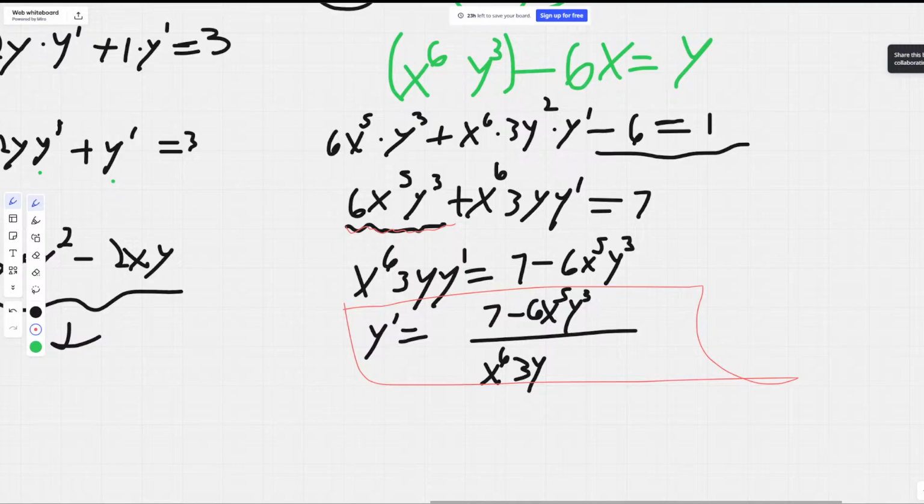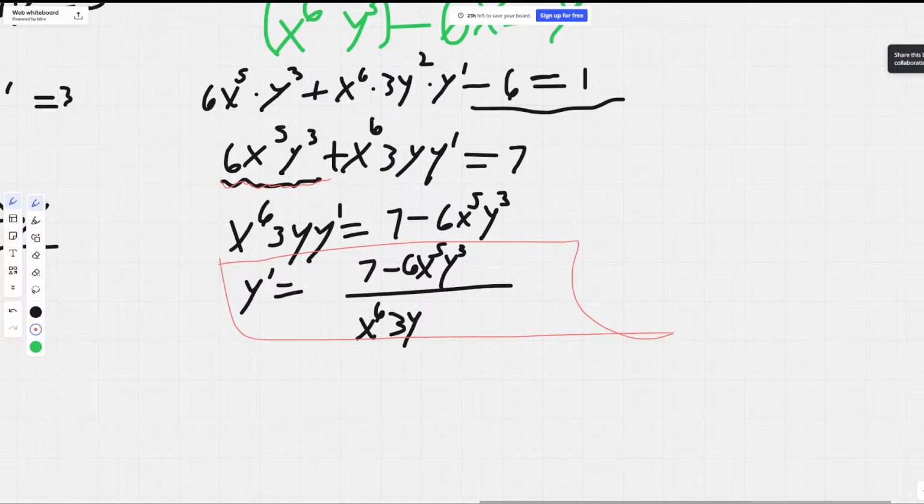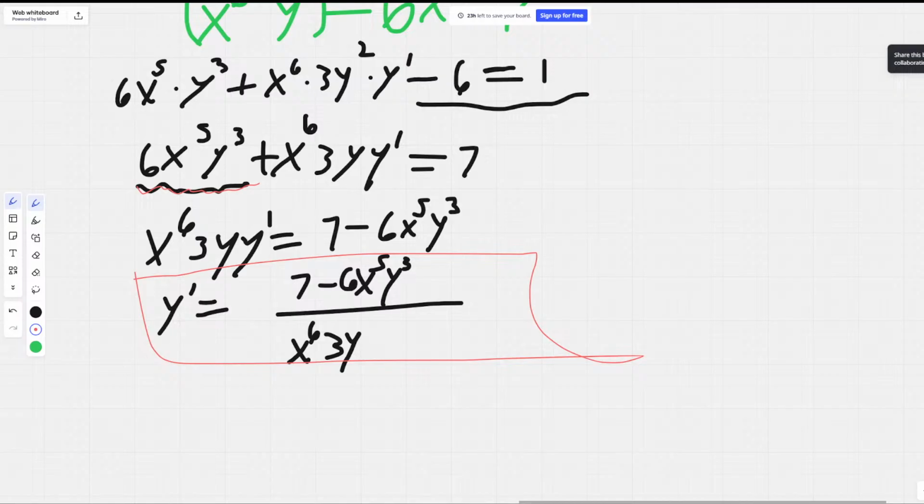Then x to the 6th 3y squared y prime equals 7 minus 6x to the 5th y cubed, thus y prime equals 7 minus 6x to the 5th y cubed all over x to the 6th 3y squared. So y prime is 7 minus 6x to the 5th y cubed all over x to the 6th 3y squared.